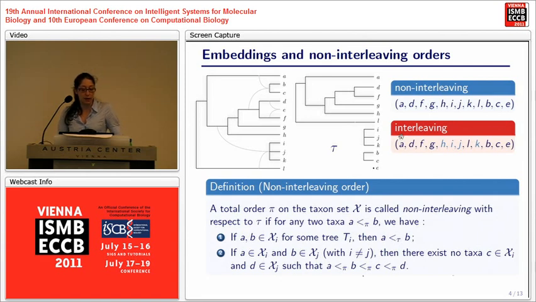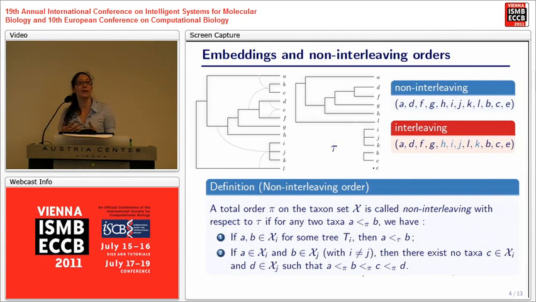The second one is not correct because I have A, D, F, J, H. Then I put a part of the second tree's taxon set. Then I get back to L, and then I go to K, and I continue. So in this case, I have an interleaving ordering.